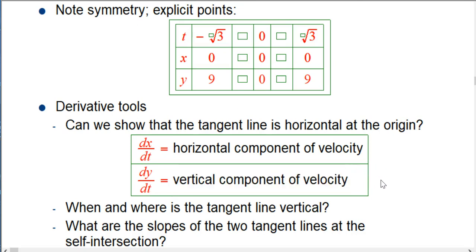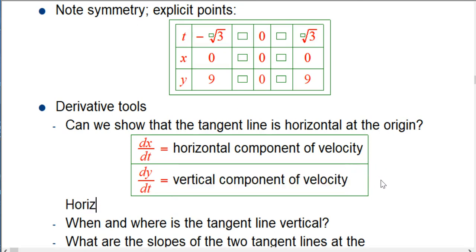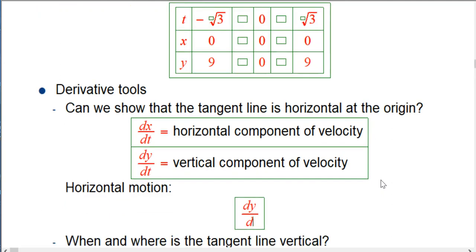So horizontal motion is going to happen when dy/dt equals 0, and you should check that dx/dt is non-zero, because otherwise you're actually momentarily stopped. If you have both of them being 0, you're momentarily stopped, and weird things can happen there, because when you momentarily stop, you can go off again in a different direction. You get funky behavior. It's not super nice and regular.